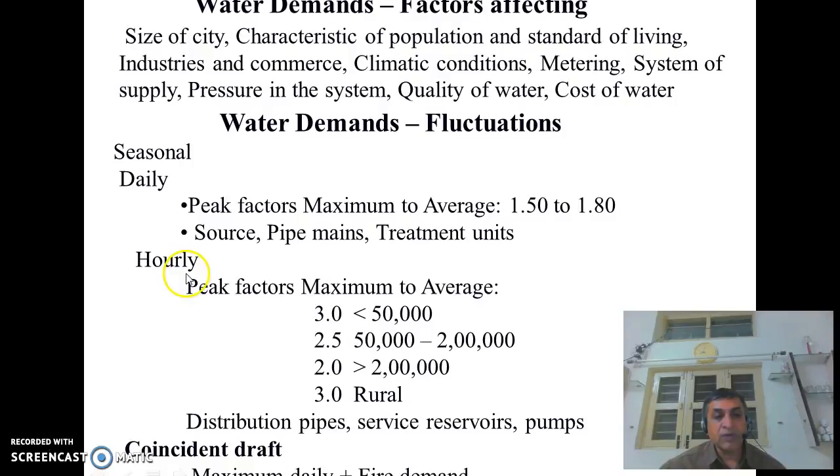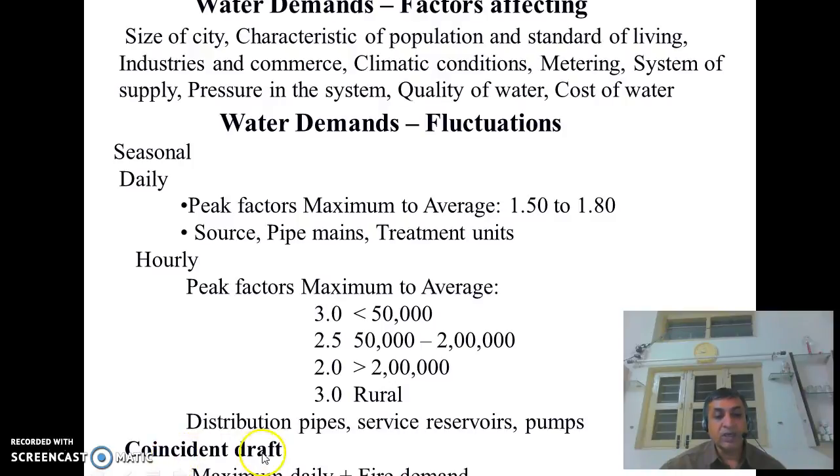The hourly fluctuations are more important in designing the distribution pipes, service reservoirs, and the pumps. The most important part of the water demand fluctuation is for the design of the water distribution system.